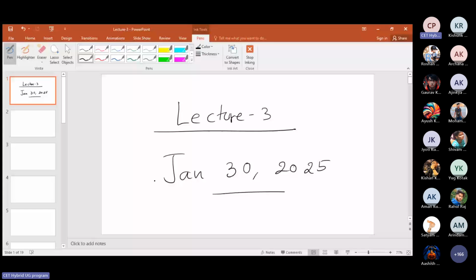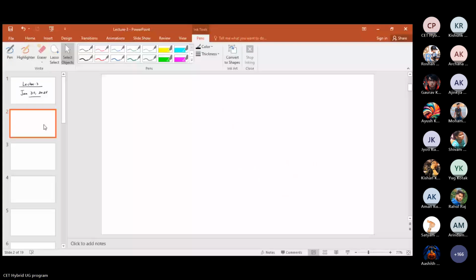So we shall have a little quick brush up of what we did in our previous class. We were discussing what is referred to as numerical integration.